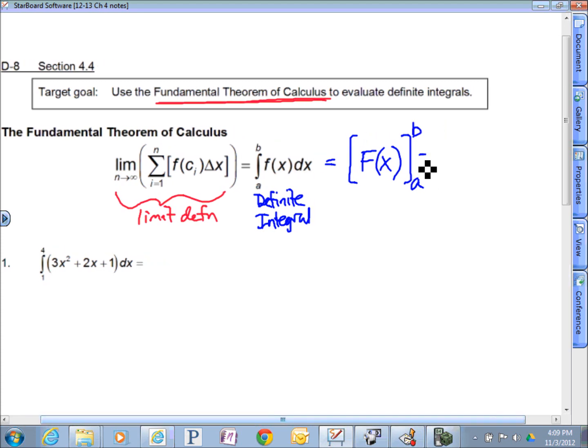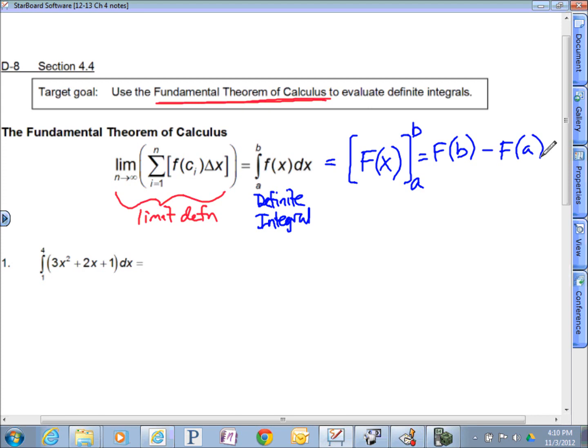In other words, we're going to do capital F of b minus capital F of a. And I hope you recognize that because there's a minus sign in between them, you have to have them in the right order. So you have to put the upper bound in first and the lower bound in second and subtract.